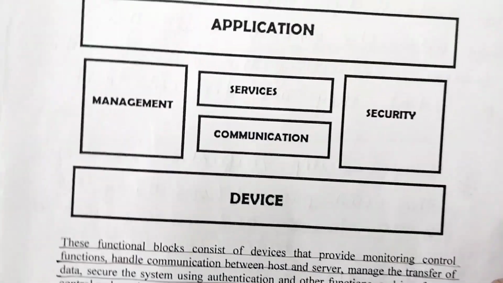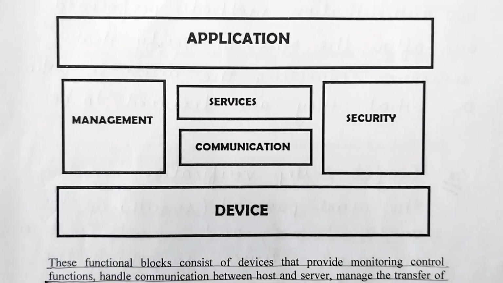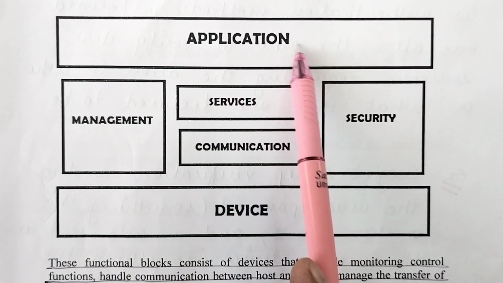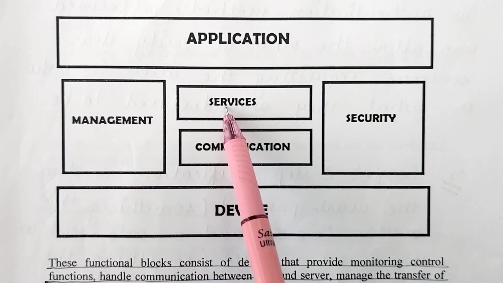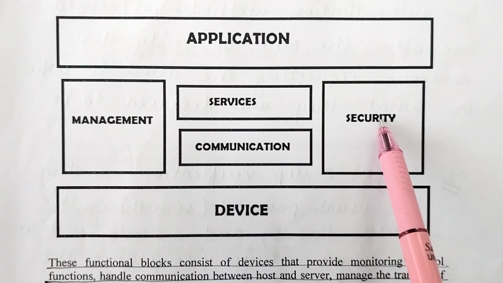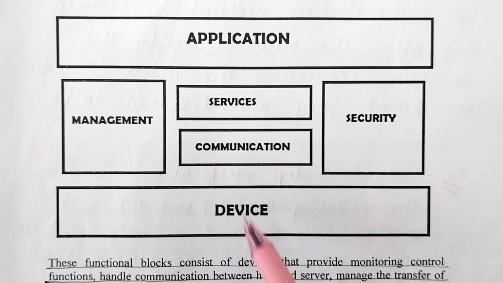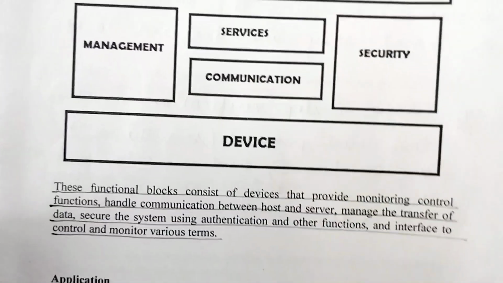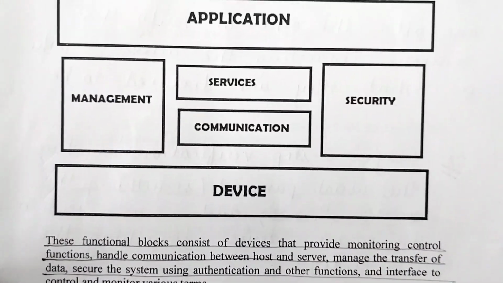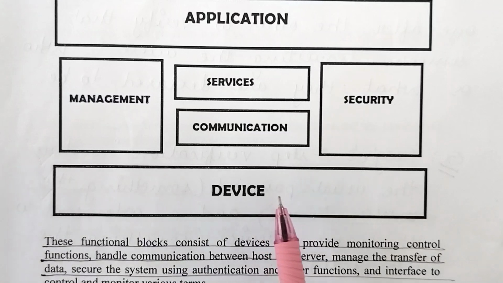Now, let us understand the IoT functional blocks through a diagram. There are applications, management, services, communication, security, and the actual device which will be helping us to do IoT, because everything is embedded inside that device, be it the artificial intelligence, the actuators or the sensors.